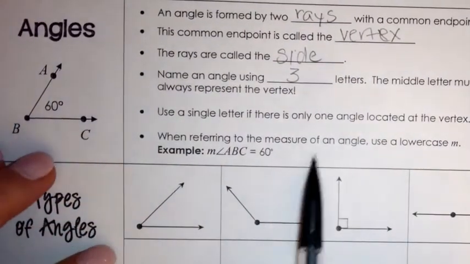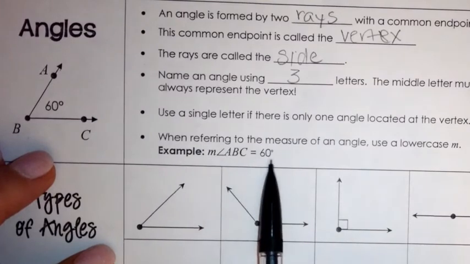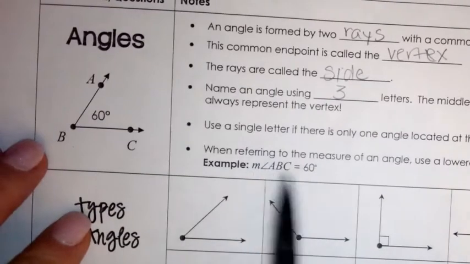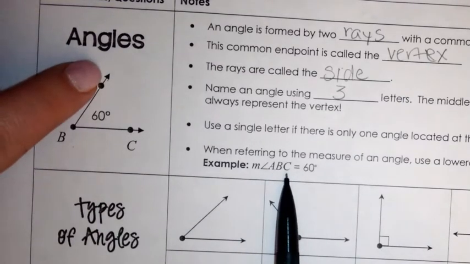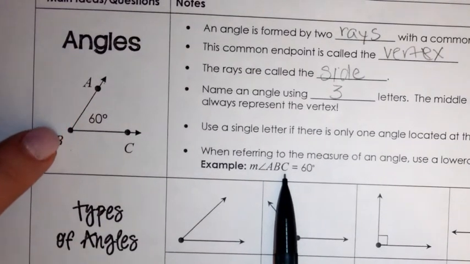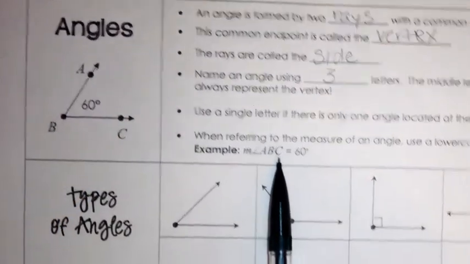When referring to a measure of an angle, use a lowercase m. So this says the measure of angle ABC is equal to 60 degrees. When we read angle ABC, you start your finger at A, go down to B, and go to C. So it's that angle you're talking about.